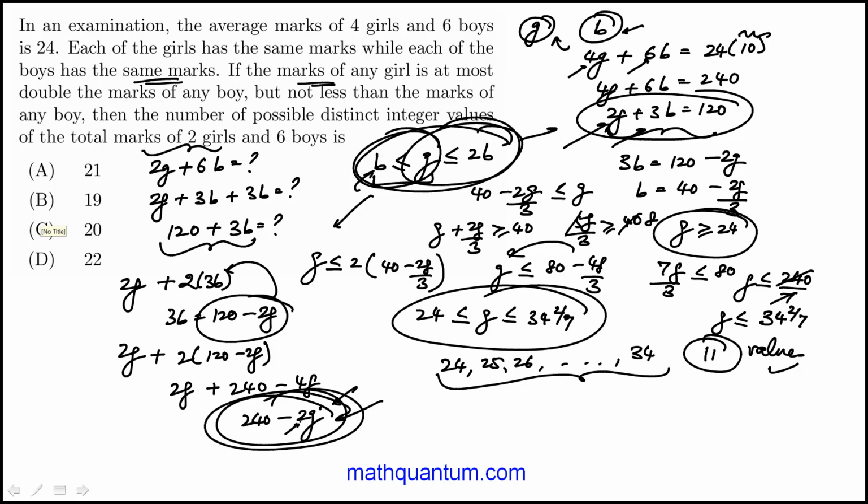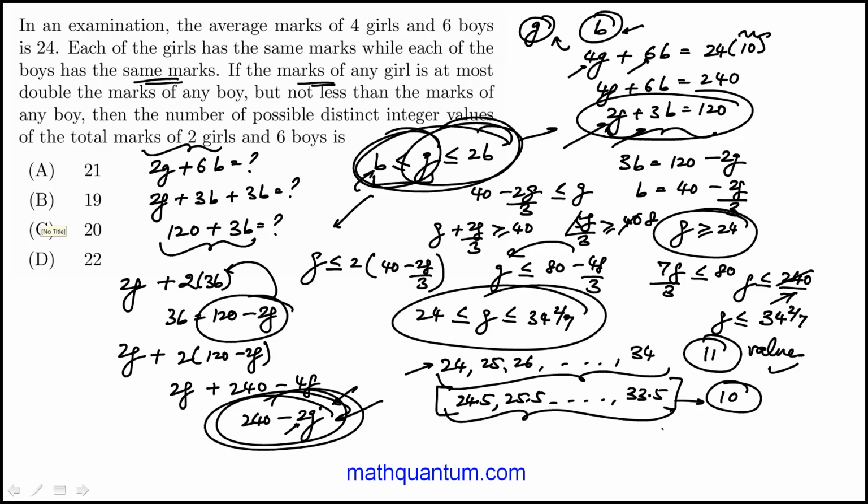But notice, because we're doubling that here, the half values in between would also work, which means G could be 24.5, 25.5, and all the way to 33.5. So these also will work in addition to the integer values for G themselves. So if you count, that is 10 more values.